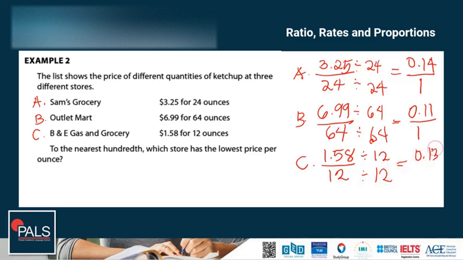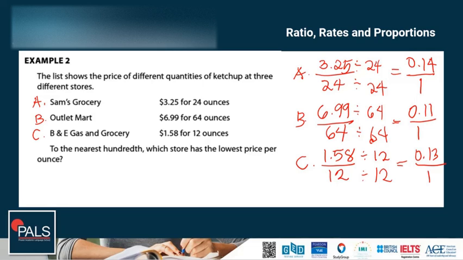0.13 over 1. So it means Sam's Grocery, the rate is $0.14 per ounce. Outlet Mart, $0.11 per ounce. B&E Gas and Grocery, $0.13 per ounce.